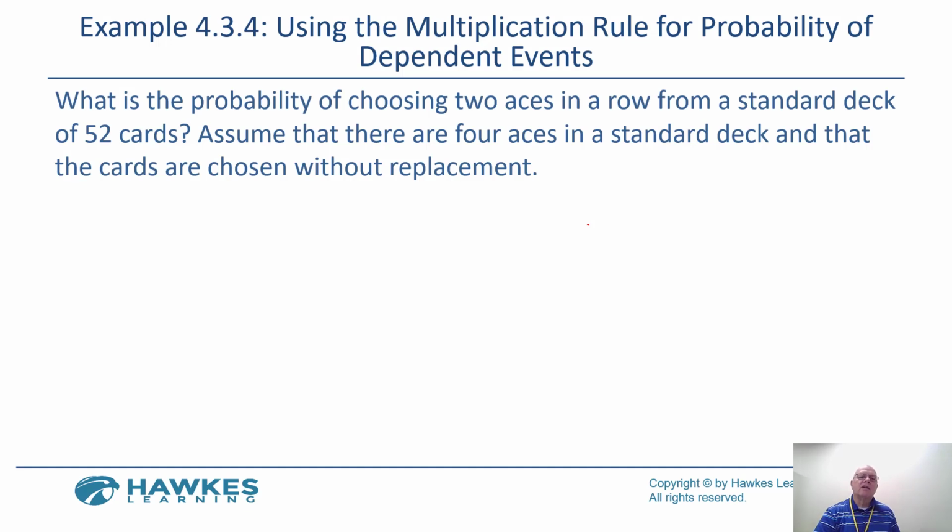So let's take a look at two aces in a row from a standard deck of 52 cards. Assuming there are 4 aces, as usual, and cards are chosen this time without replacement. And we want 2 aces in a row. We're not replacing. So on the first selection, we've got 4 aces to pick from originally. We've got 52 cards in the deck.